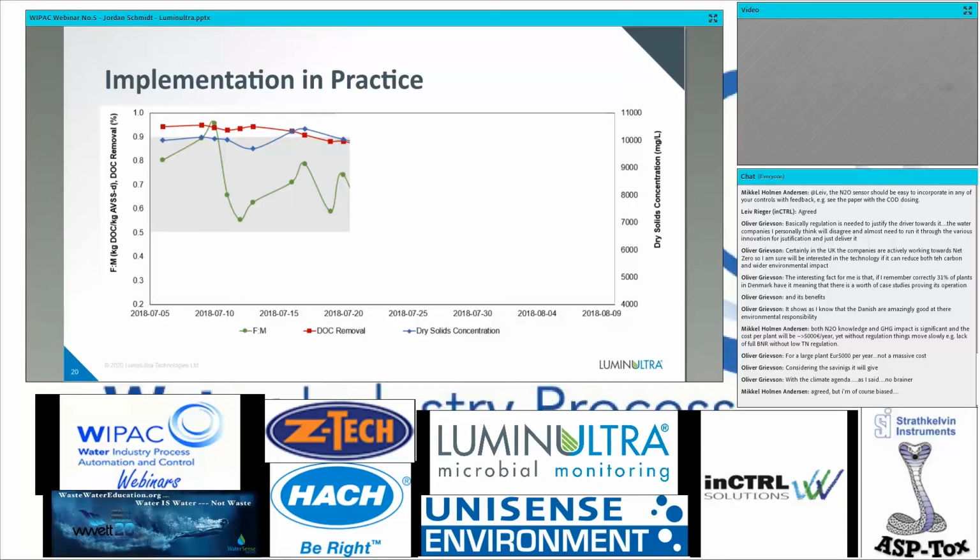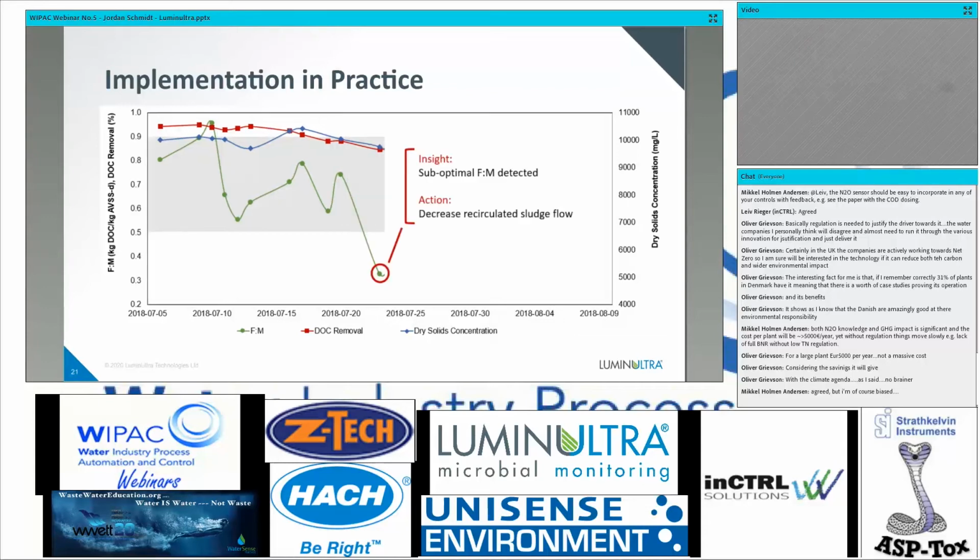And then something happened. I always try to think of this as, what's my insight? What am I getting from this information? And what am I going to do about it? So we had a suboptimal F2M detected. It was down around 0.3. The lower bound was 0.5. So the action we took here was to decrease the recirculated sludge flow to rebalance that F2M.